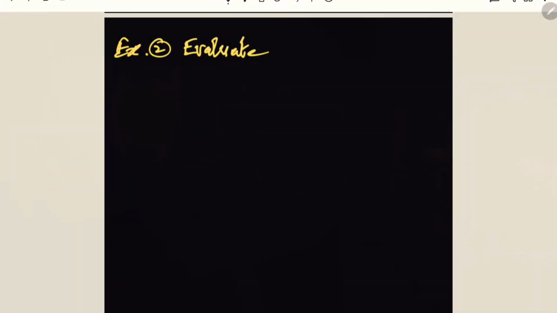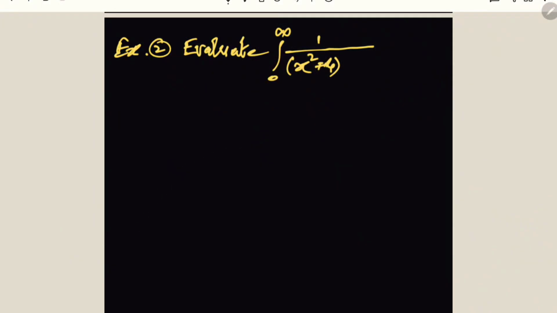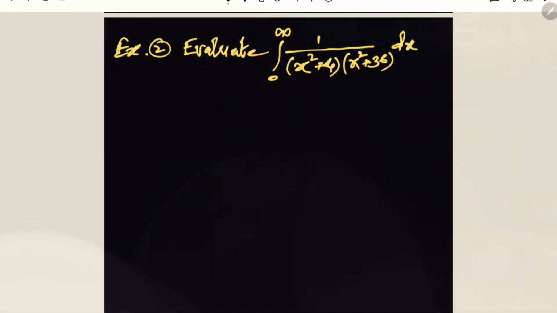Second example: evaluate the integral from 0 to infinity of 1 upon (x square plus 4) into another term (x square plus 36) with respect to x using Parseval's identity.